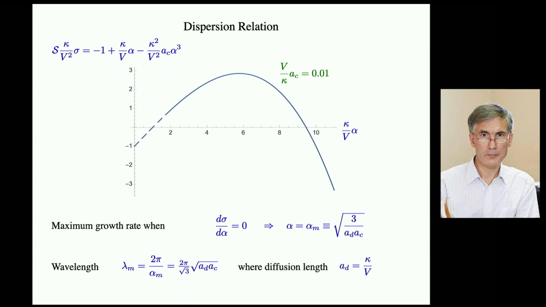But that's just a detail for those of you who are interested. So our theory really applies for large alpha. And one thing that we'll really emphasize just now is that the most unstable mode, the wavelength that's going to grow faster than all other wavelengths, actually does have a large wave number. I'm going to formalize that in just a moment.